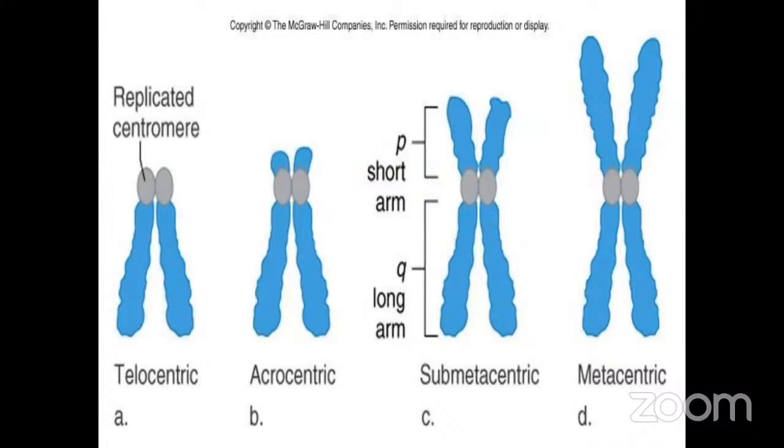If it is located near the end, acrocentric. If it is located near the middle position, submetacentric. And if it is located exactly at the middle position, metacentric. The short arm is denoted by small p and the long arm by small q.